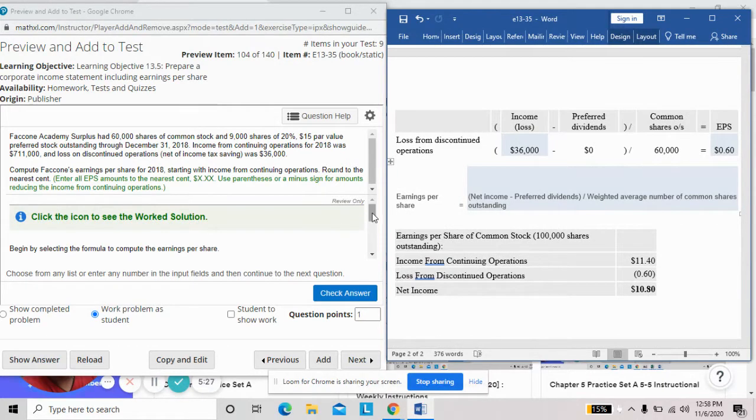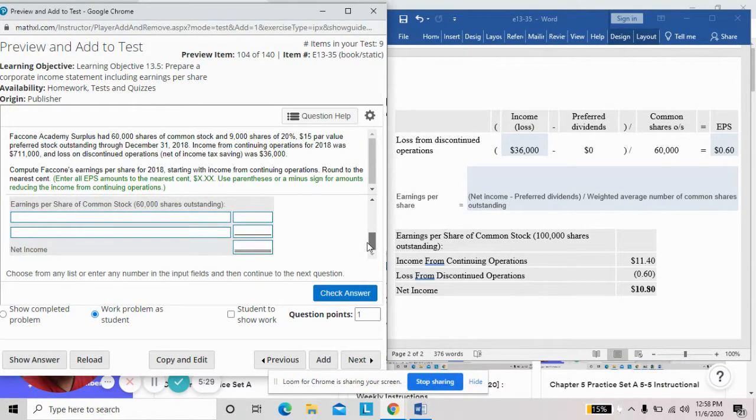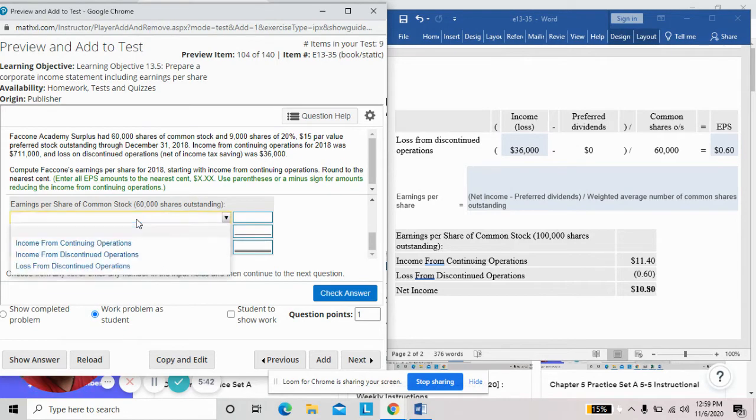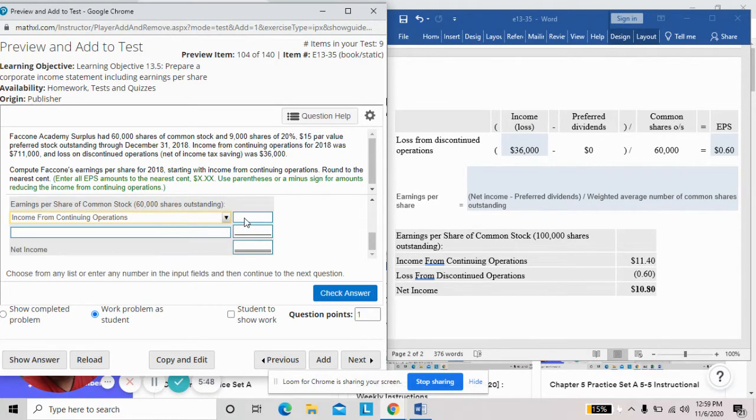After finding all of that, I can now fill out the part of my income statement. Earnings per share of common stock, 60,000 shares outstanding. That is where I got my 60,000, if you have to refer back to that. You would end up with income from continuing operations, which you figured out was $11.40.